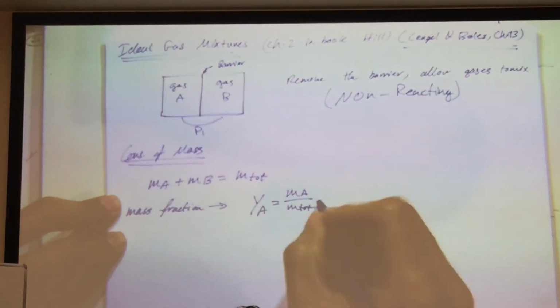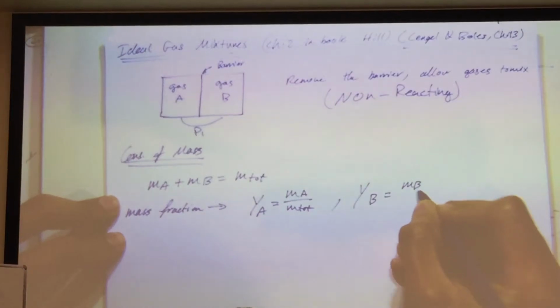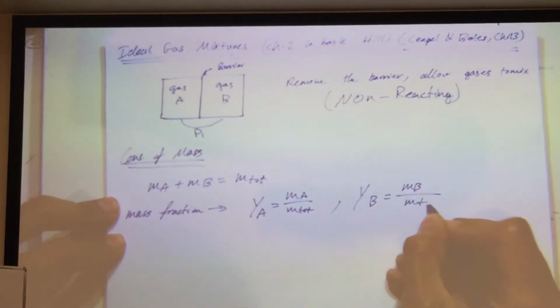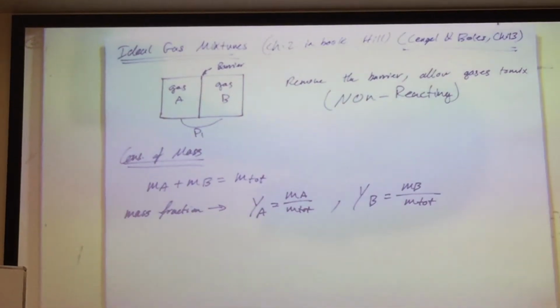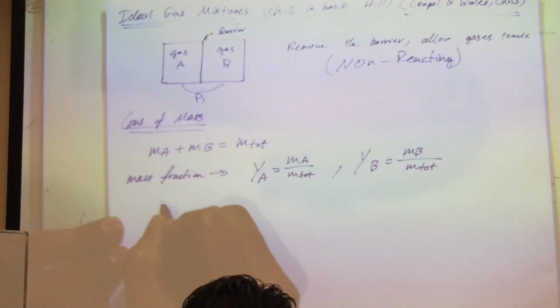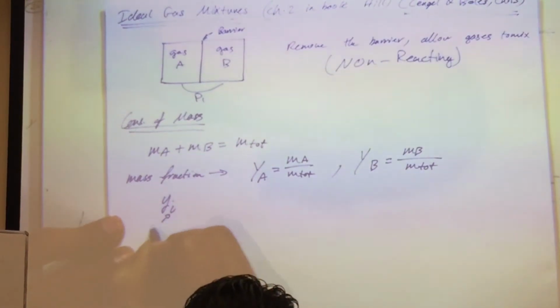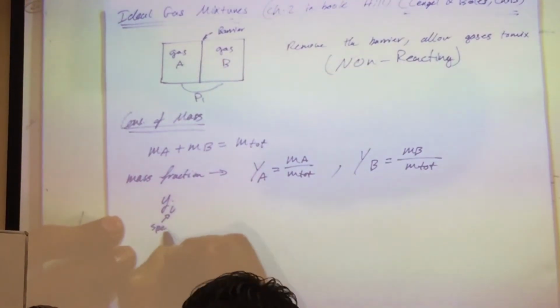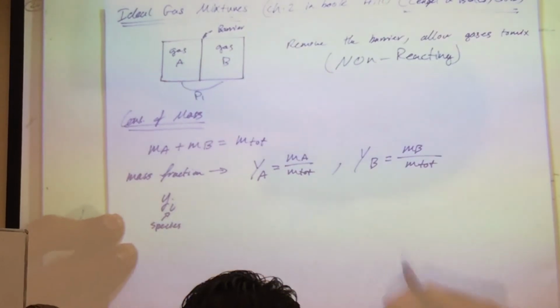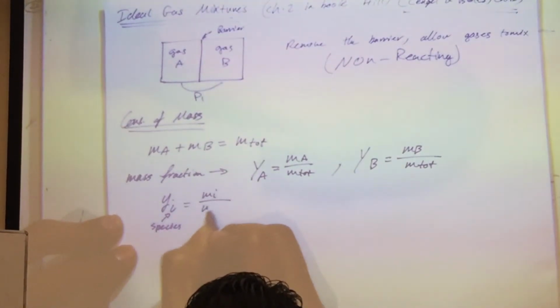Very self-intuitive. And the same thing with B, mass of gas B over M total. That's a mass fraction. So we could write a generic form for it and say, well, Y of species i, this is the species, or gas, is equal to M_i of that species over M total.